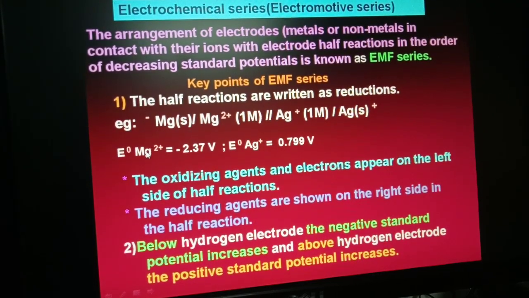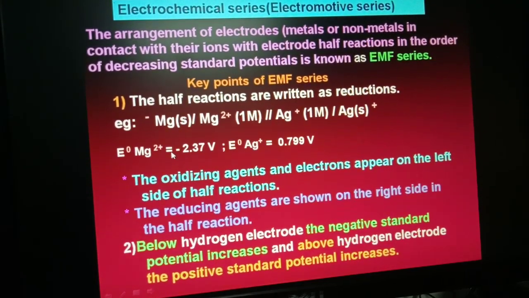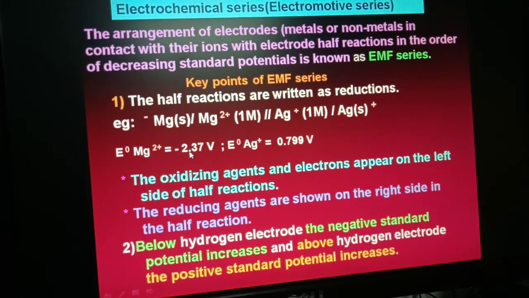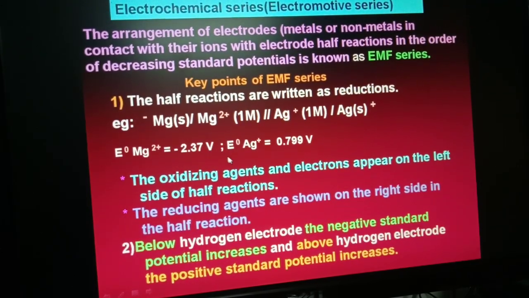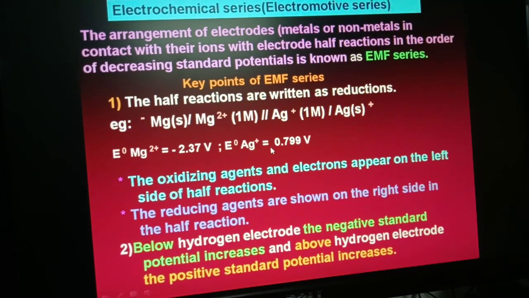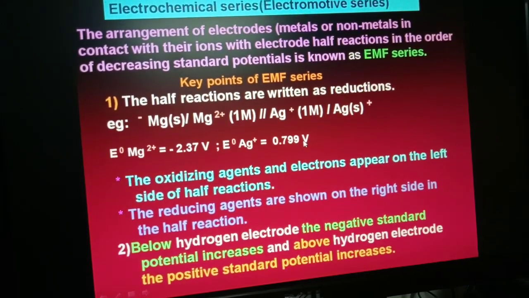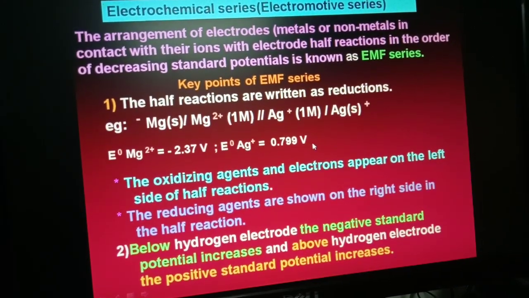So E0 of Mg2+ gives reduction potential minus 2.37 volt, and E0 of Ag+ gives the reduction potential 0.799 volt.